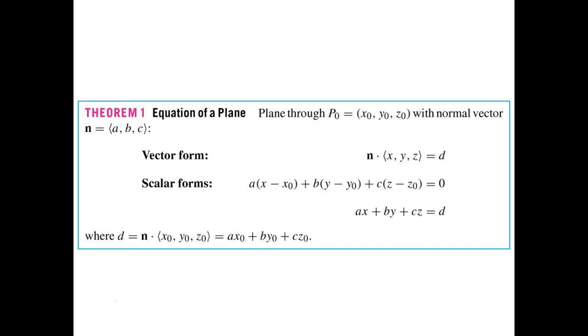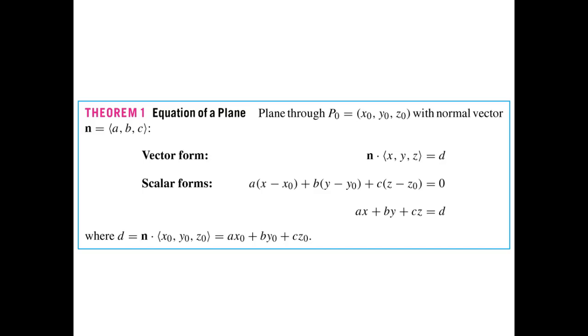Now, that's the vector form. The scalar form of saying the same thing goes back to your dot product of your vectors, the A dotted with the vector P0P, the x minus x0, this A times this plus B times that plus C times that is equal to 0.